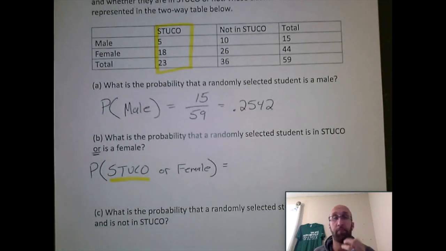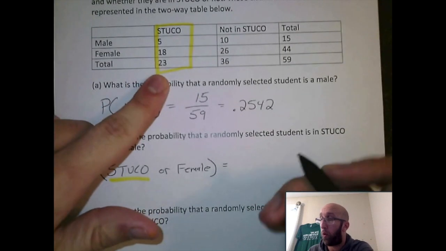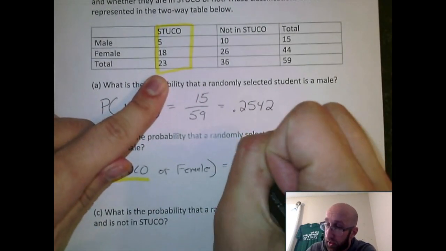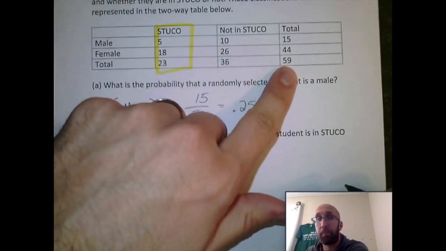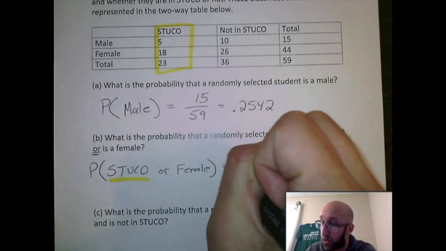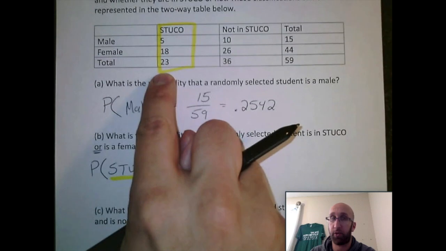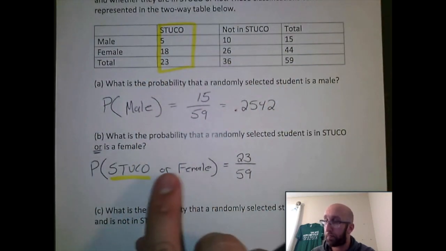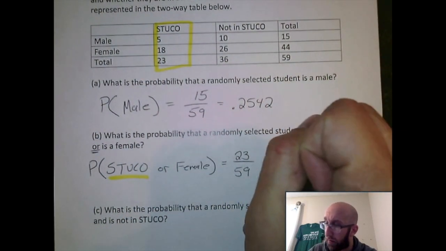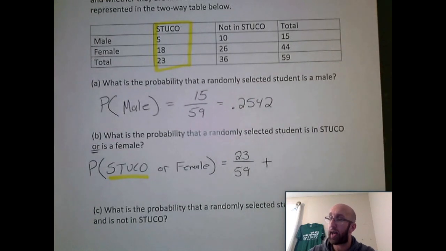So what's the probability of just selecting a Stuco student? Well, there's 23 students in Stuco out of a possible 59. So we're talking 23 out of 59. So count up all these guys, it's 23 out of a possible 59. Our or here means add things together.